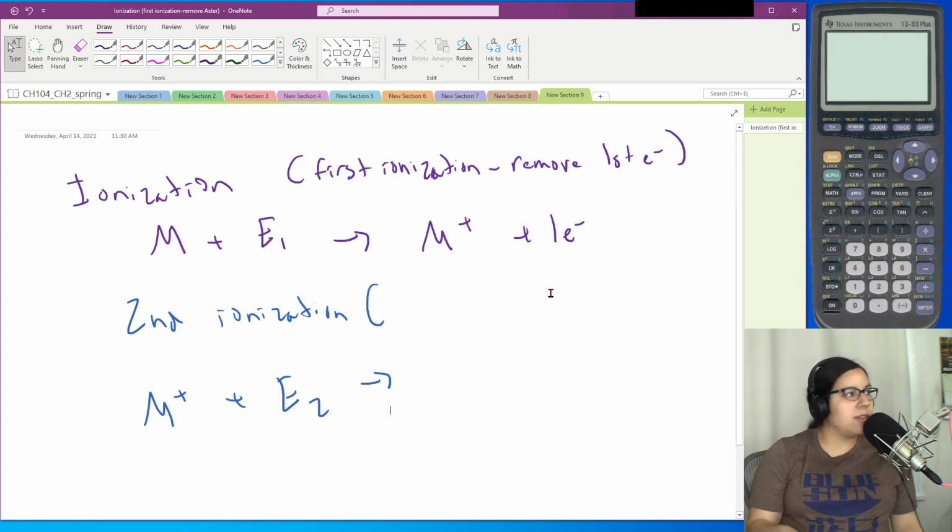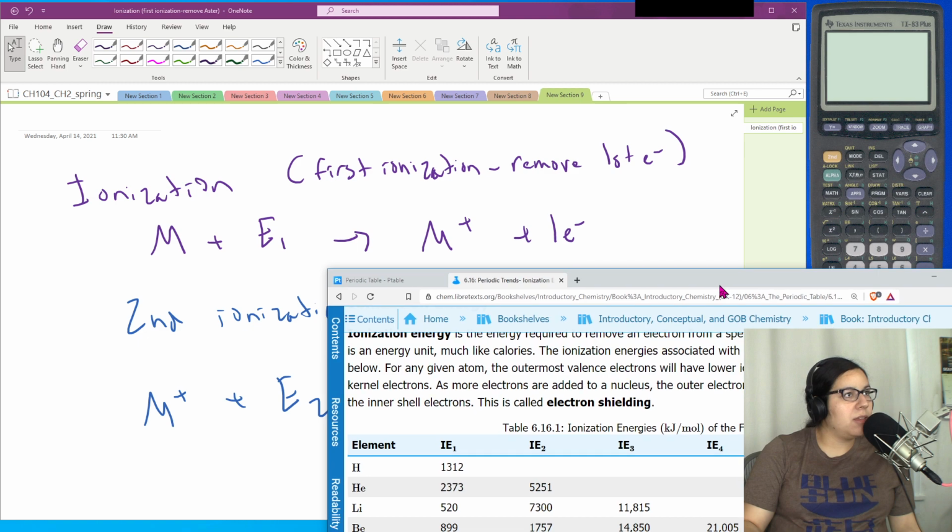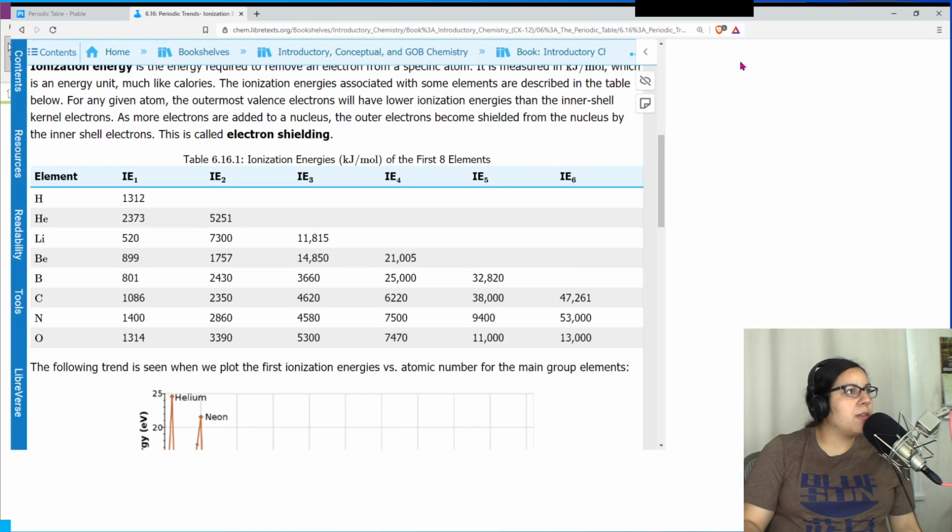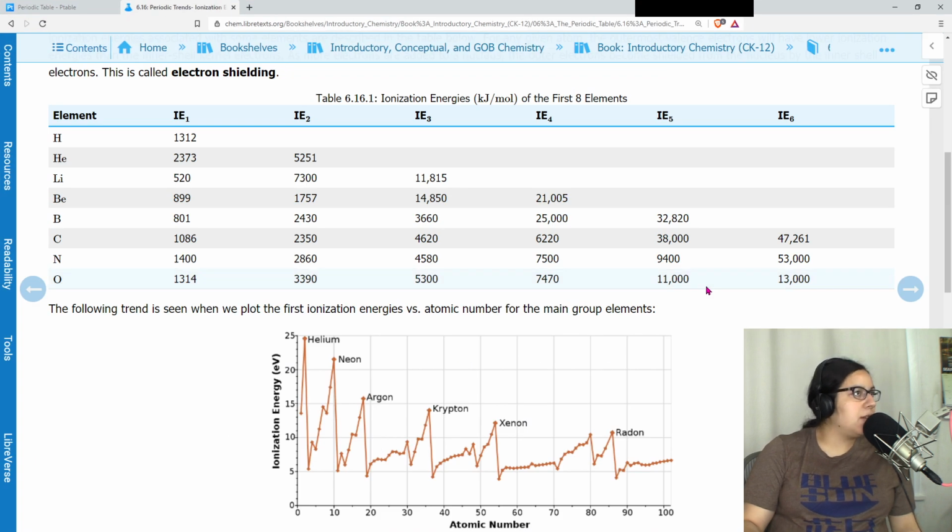So they follow kind of the same pattern. And so your ionization energies just kind of keep going on and so forth. This is again beyond the scope of what we're going to cover in the class.